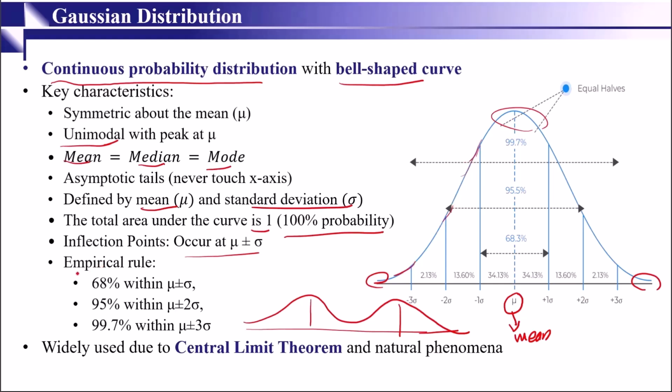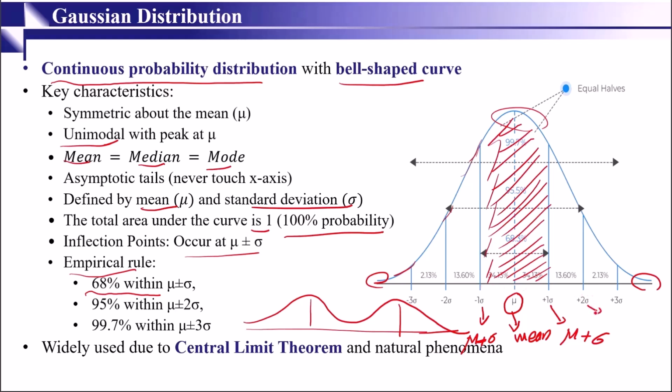So we have here one empirical rule. The empirical rule says 68% of data are within mu plus minus 1 sigma. So this one is mu plus 1 sigma, this one is mu minus 1 sigma, and 68.3% of our data are in here.